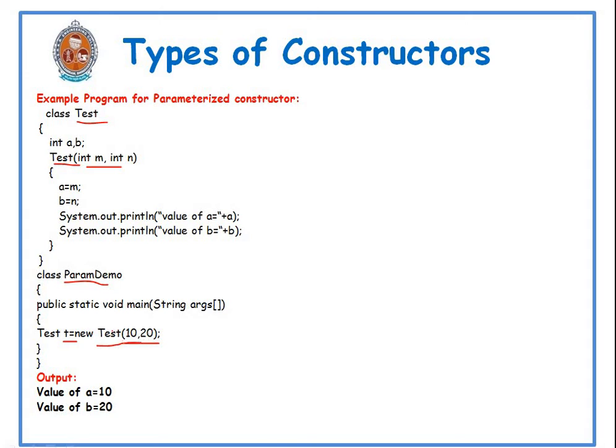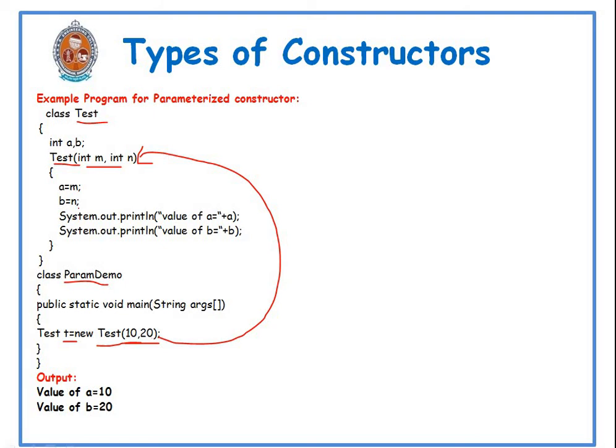After creating the object, the parameterized constructor is invoked, because here we are passing two parameters. Then automatically the control goes to the parameterized constructor definition, and the values 10 and 20 are copied into m and n respectively. That is, m takes the value 10 and n takes the value 20.